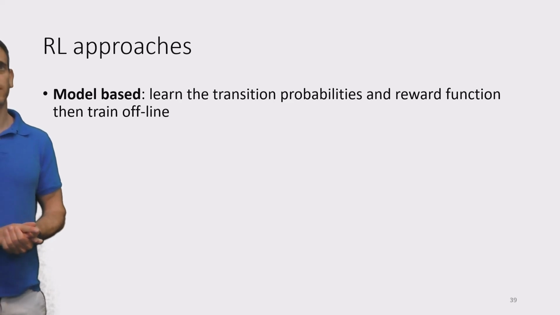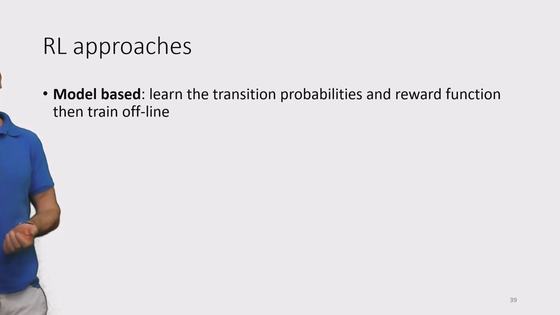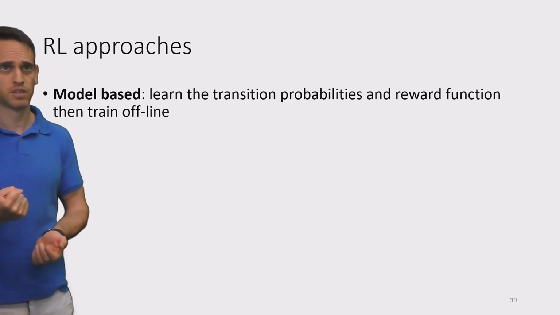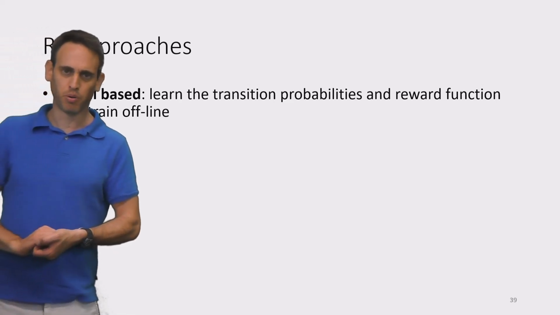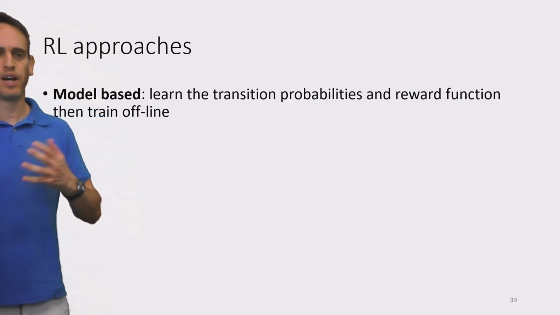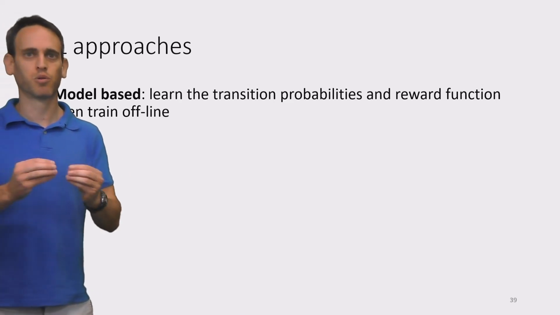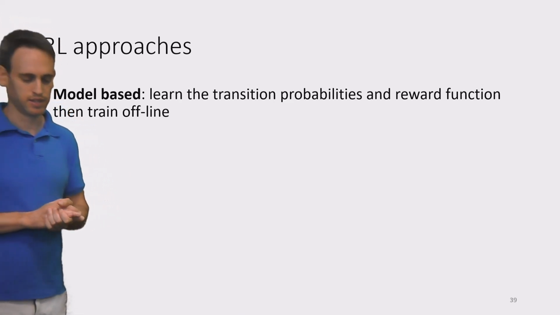So we will look at model-based approaches. These try to learn the transition probabilities and the reward function, and then optimize the policy either offline or online, or in most cases in some combination of online and offline learning.